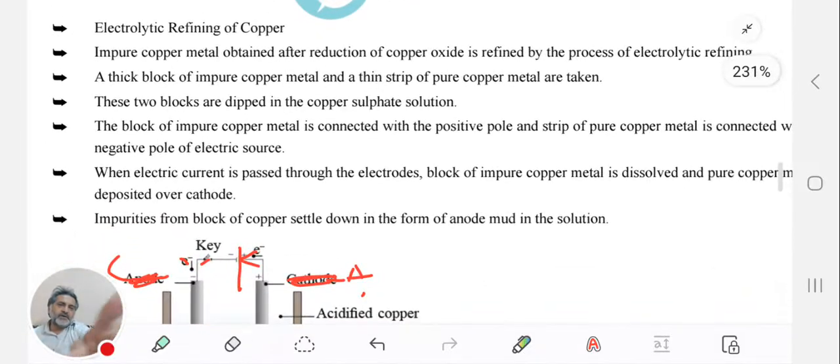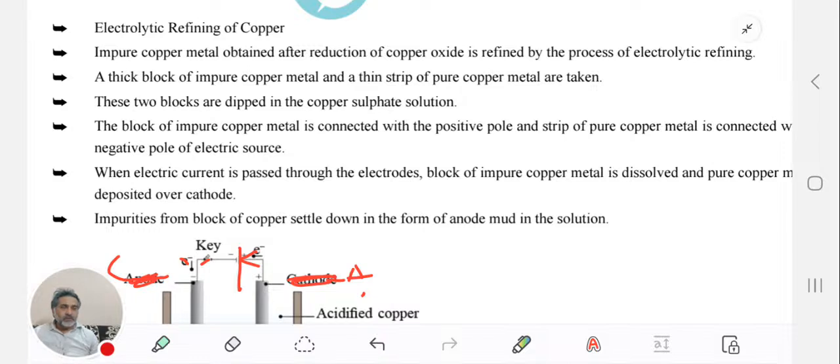Impure electrolytic refining of copper. Impure copper metal obtained after reduction of copper oxide is refined by the process of electrolytic refining. A thick block of impure copper metal and a thin strip of pure copper metal are taken. These two are dipped in the copper sulfate solution.